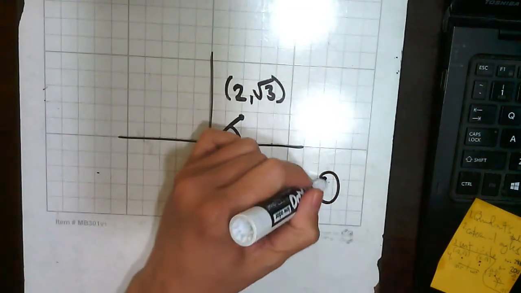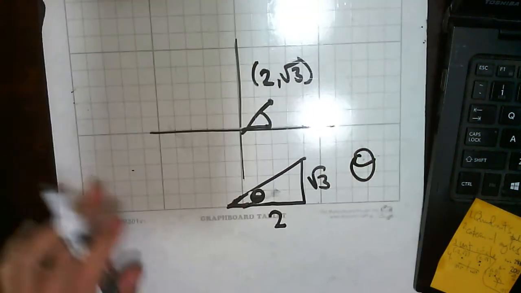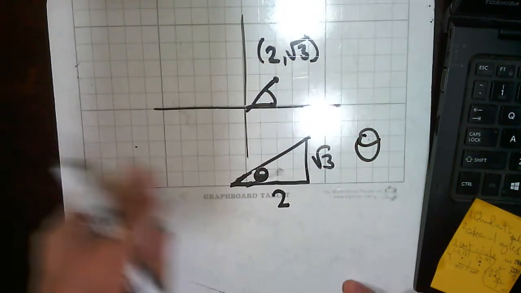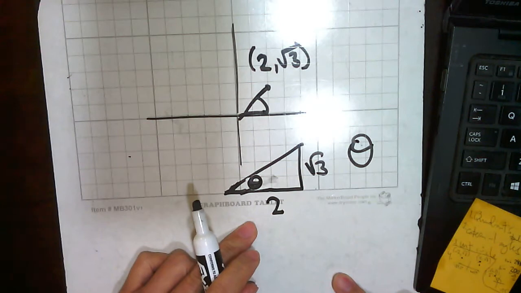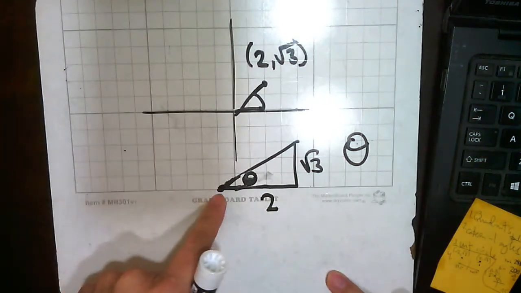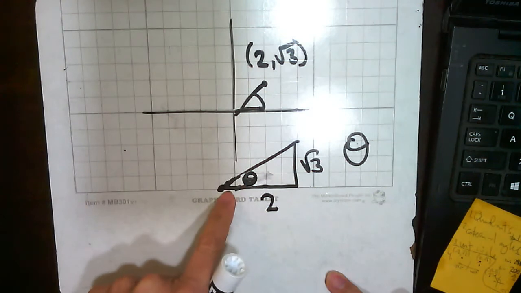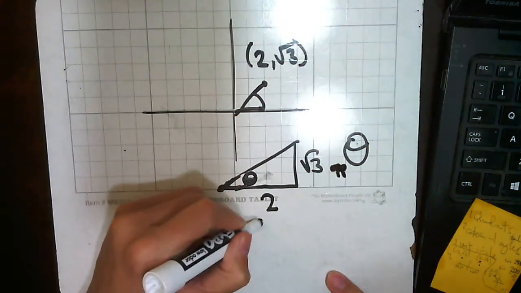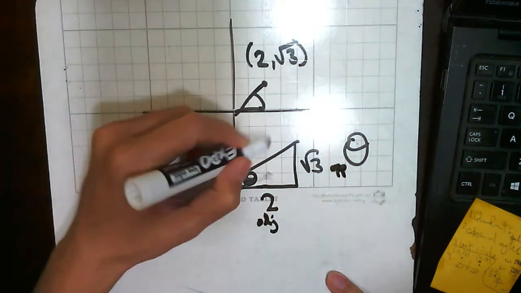Again, we're going to use SOHCAHTOA. This is the angle we're looking at, our reference angle. From this corner, this is your opposite, this is your adjacent, and this is your hypotenuse.